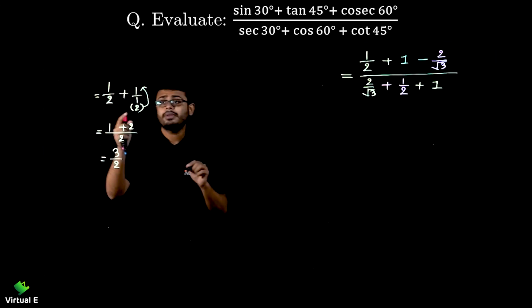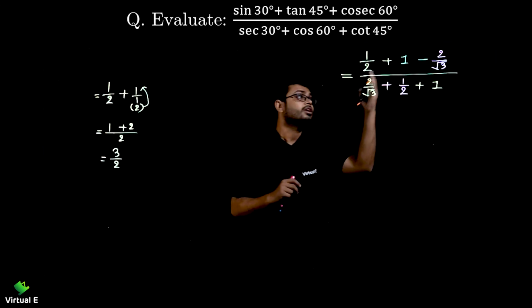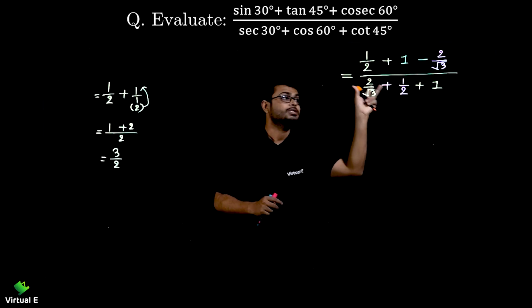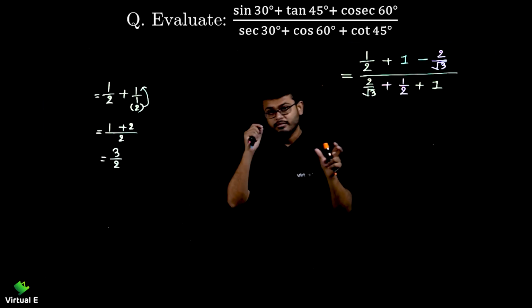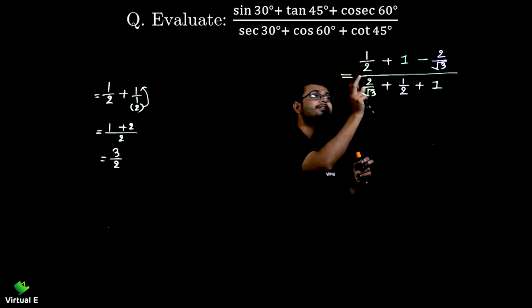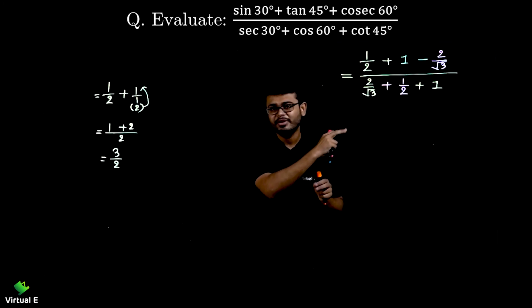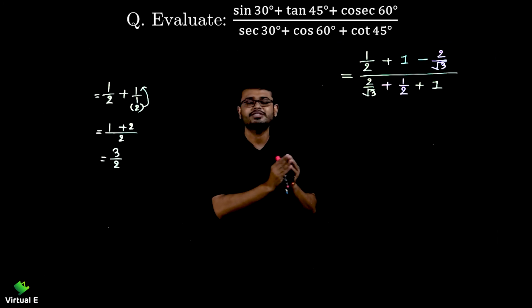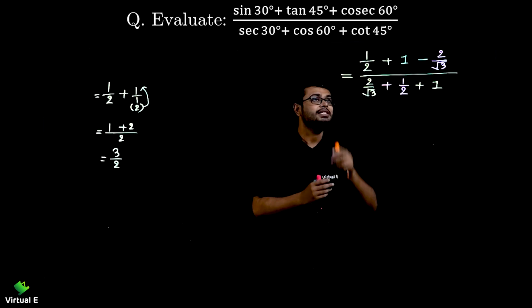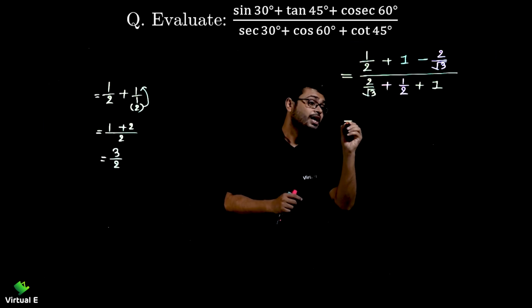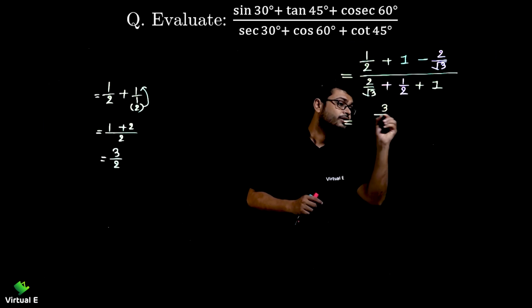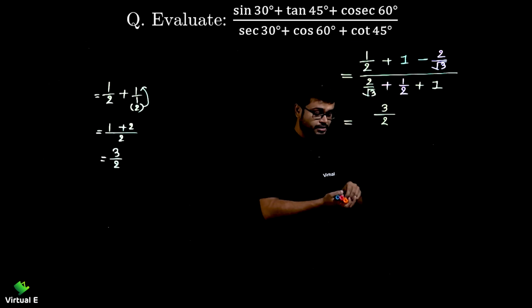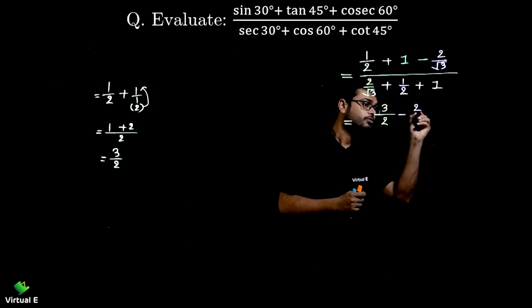So instead of 1 by 2 plus 1, I can write 3 by 2 in numerator as well as denominator. By luck, I had the same terms in numerator and denominator. Always, it's not possible that it is going to come like that. So it is easy. Okay, let's write. So I will be writing here 3 by 2 only, then minus 2 by square root of 3.